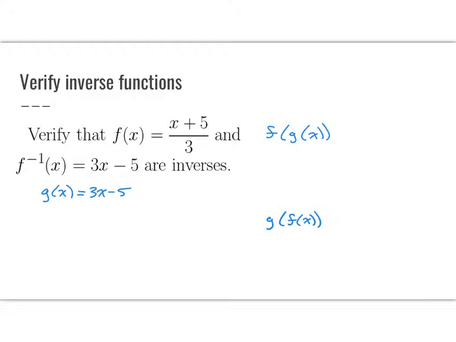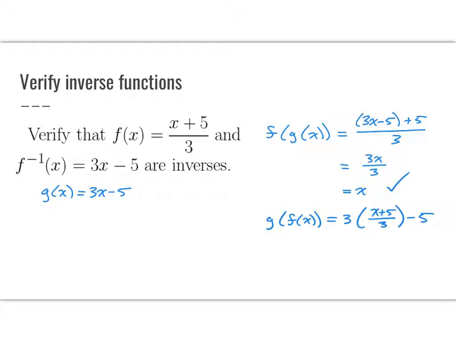So f of g would be 3x minus 5 plus 5 over 3. The minus 5 plus 5 cancels, so we have 3x over 3, which is x. Huzzah, that one works. How about g of f? That's 3 times x plus 5 over 3 minus 5.